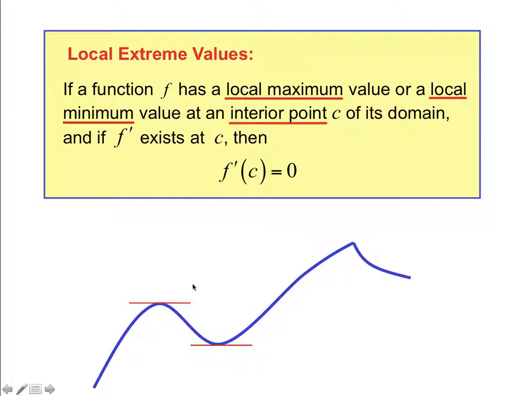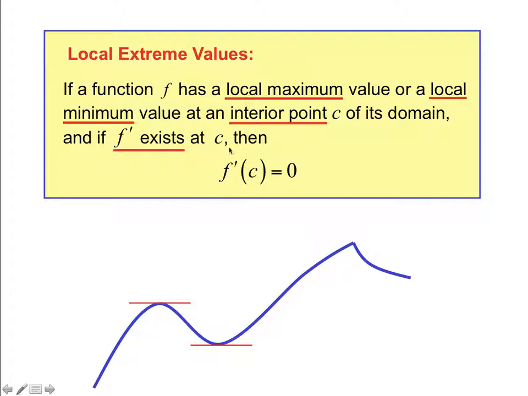These locations, we call that interior point C. So the derivative at point C, so it could be here, here, is 0. And the derivative does exist. Okay.